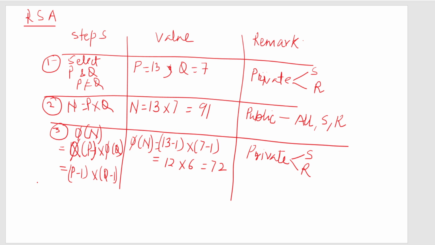Now, I believe everybody knows how we calculate phi n, but for those who don't know why we have p minus 1 and q minus 1, let me demonstrate once again how we calculate phi n. The general formula is phi of p to the power a.